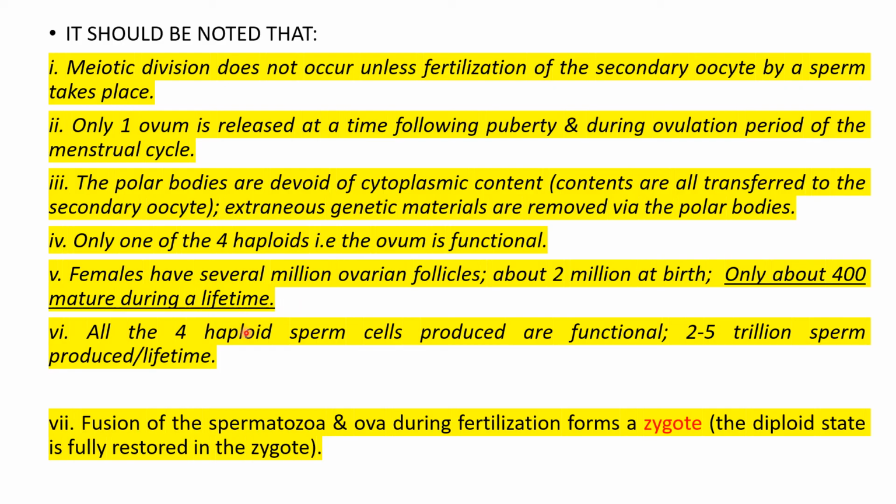All the four haploid cells, sperm cells produced are functional, and 2 to 5 trillion sperm cells are produced in a lifetime of a male animal. 7. Fusion of the spermatozoa and ova during fertilization will form a zygote, and in the zygote, the diploid stage is fully restored.